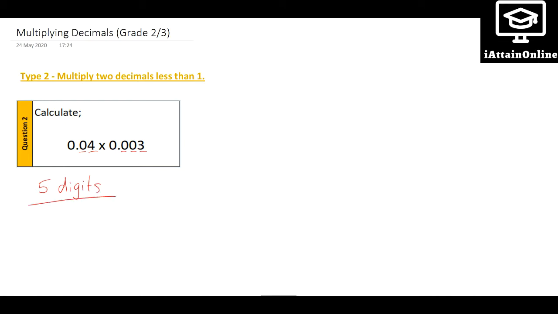Remember, that means that my answer must have exactly 5 digits after the decimal point. So now I'm just going to do 4 times 3, which is 12. Now when I write 12 out, there are only 2 digits there, but I want 5 digits after the decimal point.